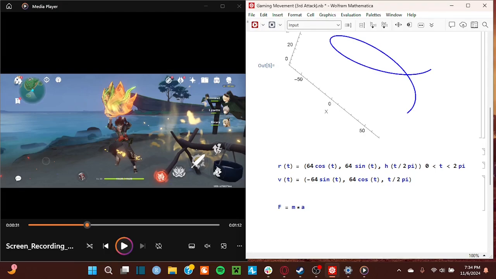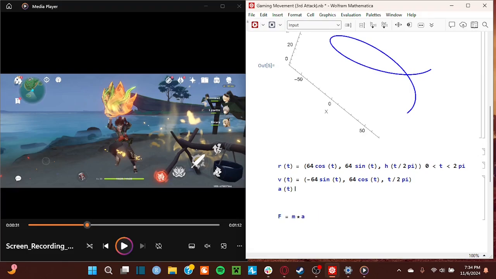So not only will we need to get the acceleration at which Gaming is moving his blade, but we'll also need to calculate what the mass is. Fortunately, once we get to the mass, I wasn't able to find any differences in gravity or things like that. I'm sure there's some subreddit out there that has more information about this. But anyways, to move on from this, we then move on to the acceleration equation.